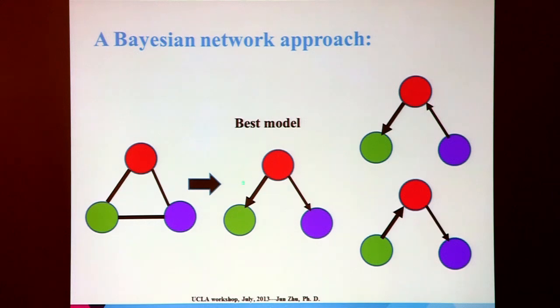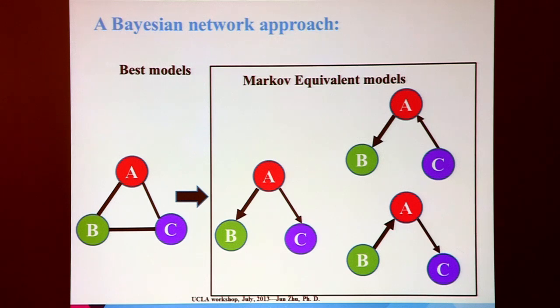You can see here, this one is the best model, but look here, the edge is different. This one edge is different, but they're equivalent. They're called Markov equivalent. What it means is mathematically they're exactly the same form.